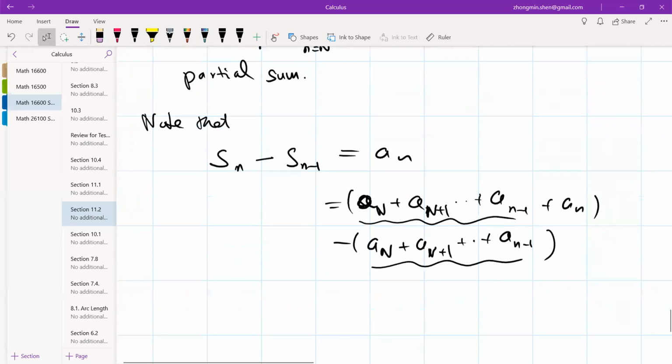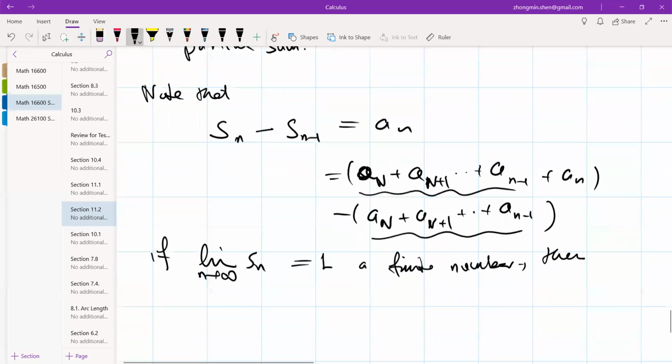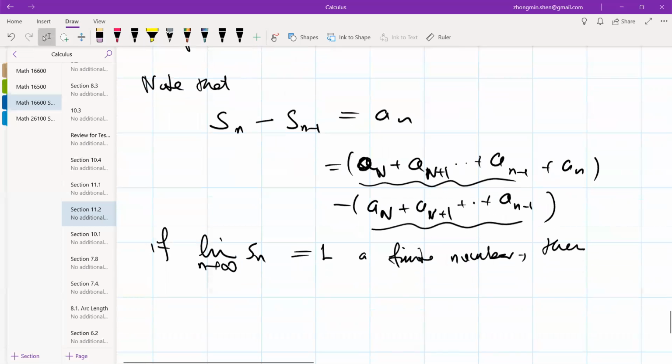All right, so now we assume that the partial sum is convergent to L, a finite number. Then you can see that the nth term approaches 0.